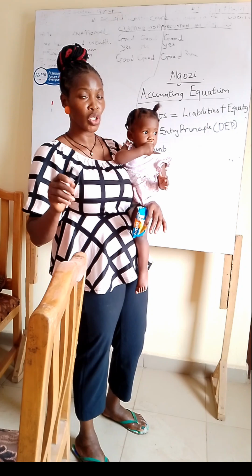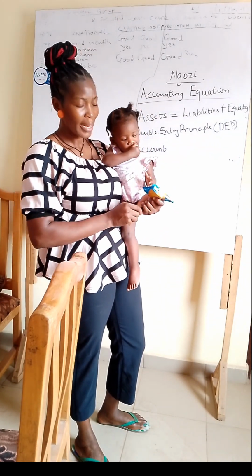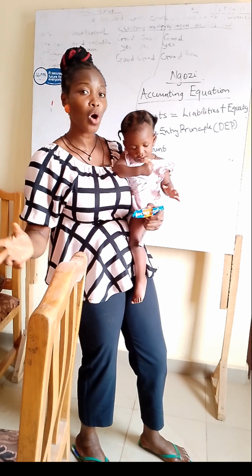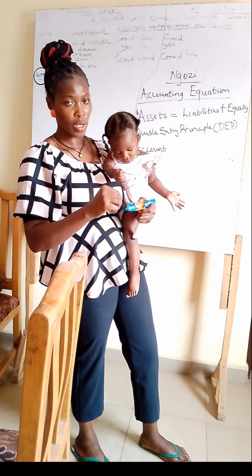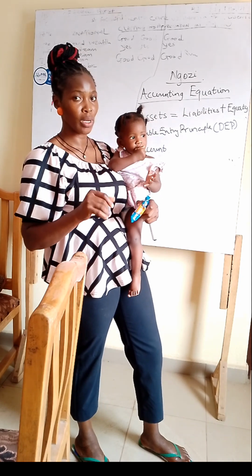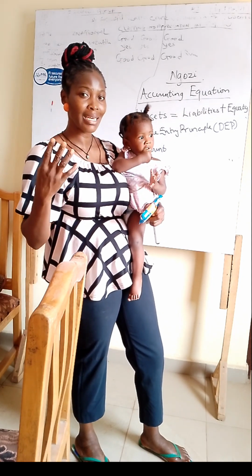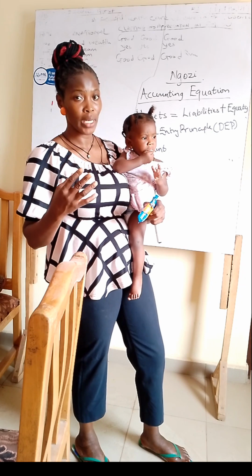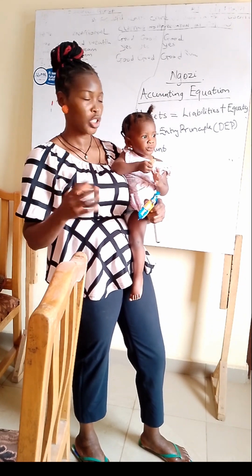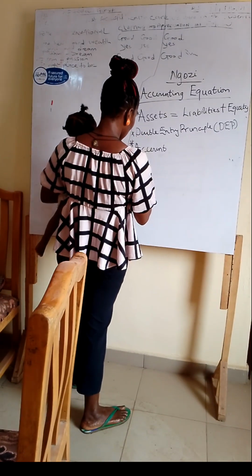After you record the transaction in your day book, you will then transfer the transaction at the end of the month, for instance, to your account. We'll take this in detail, but by virtue of this accounting equation, I have to explain all these other things so that we can understand exactly what we are doing under the accounting equation. So an account is simply where you record your transaction.